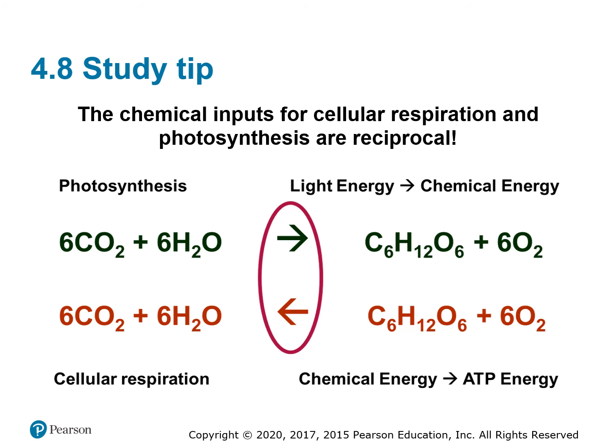So just a reminder that photosynthesis starts with carbon dioxide and water and makes glucose and releases oxygen. Cellular respiration starts with glucose and oxygen and then releases carbon dioxide and water.